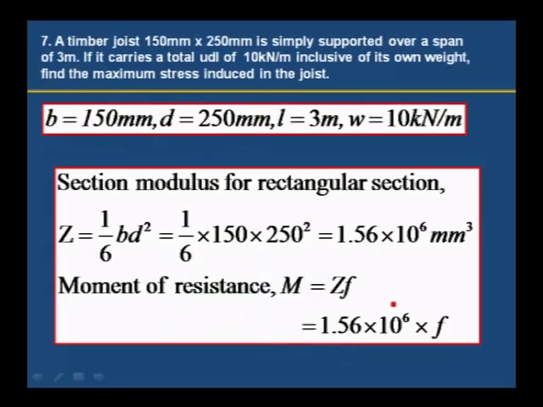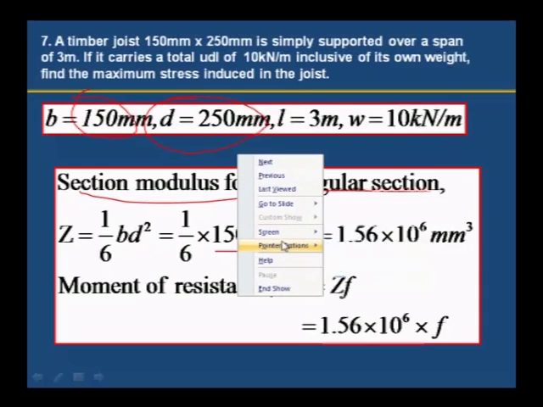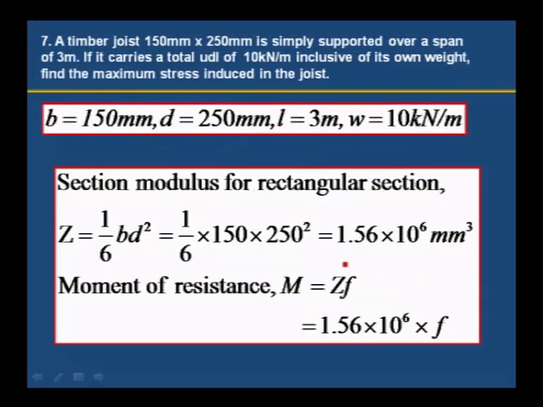Since size of the beam is given, B and D are there, B 150 mm, D is 250 mm. For a rectangular section, section modulus is 1/6 BD square, B 150, D 250 square. If you simplify, you will get 1.56 into 10 to the power of 6 mm cube as the Z value.